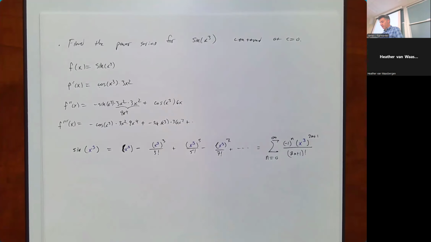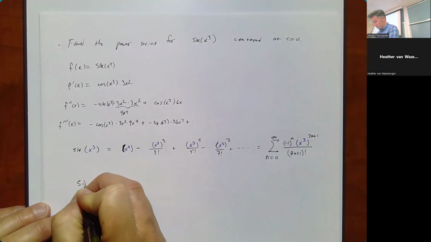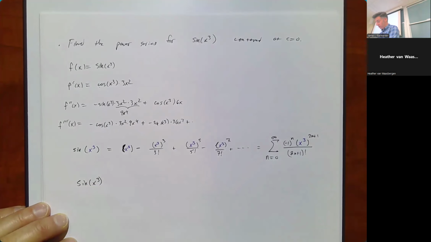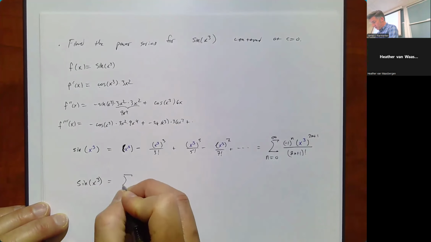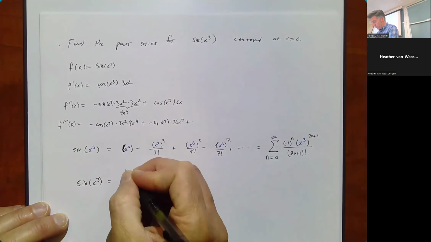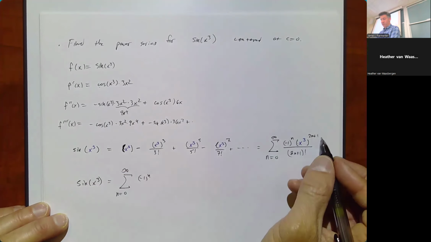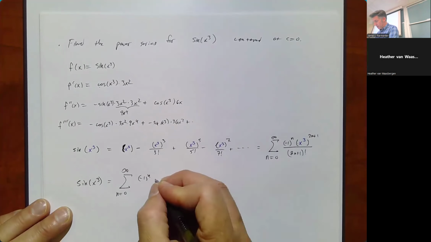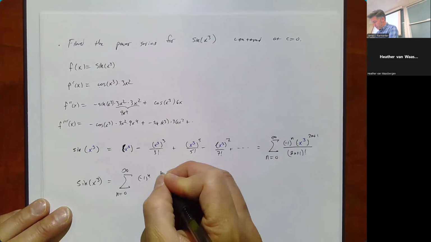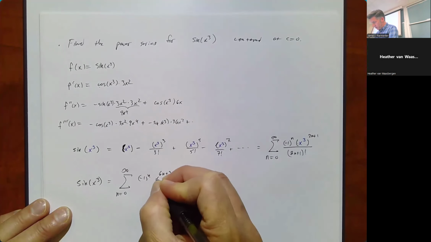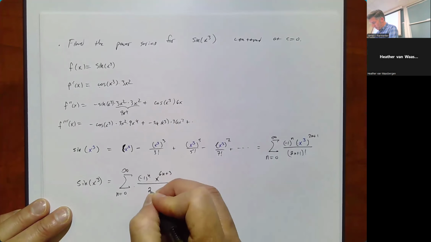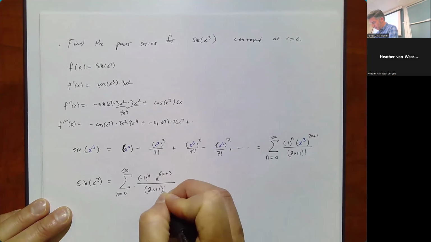So it is correct to say that the power series for sine of x cubed centered at 0 is the sum from n equals 0 to infinity of (-1) to the n times (x cubed) to the 2n plus 1. If I multiply those powers together, I get x to the 6n plus 3 over (2n plus 1) factorial.